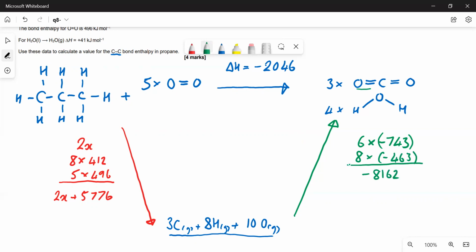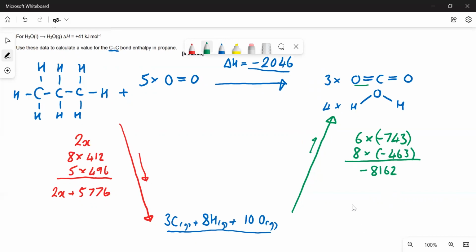So what we're going to do now is we know that the blue value here is equal to following the red arrow and following the green arrow. So Hess's law.